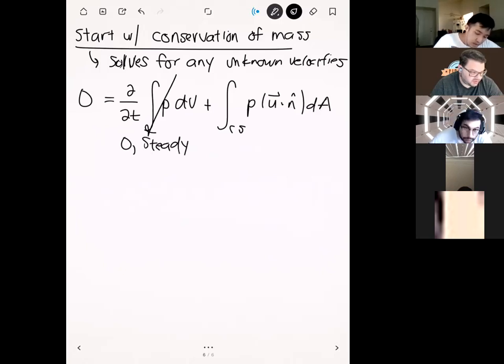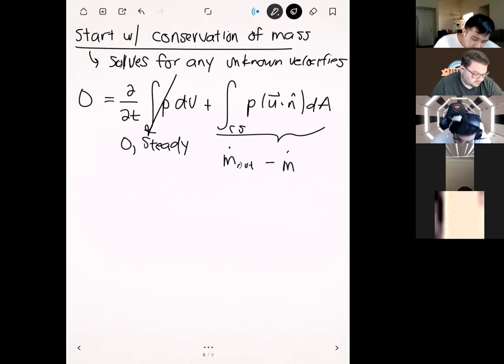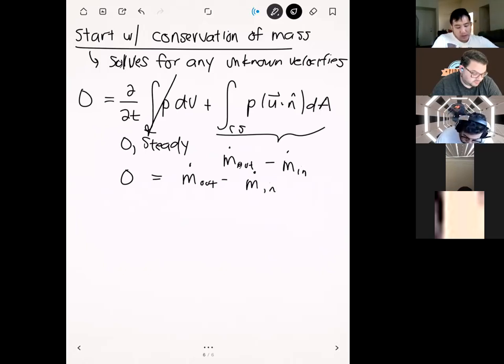Then we'll replace the second term with our usual expression, which is m dot out minus m dot in. So we have 0 is equal to m dot out minus m dot in. What this is saying is that the mass flow rate out has to equal the mass flow rate in.